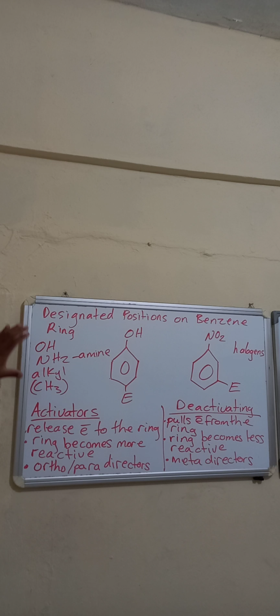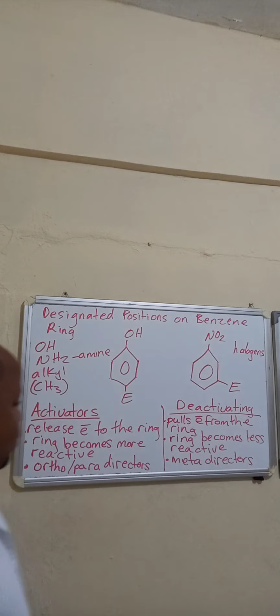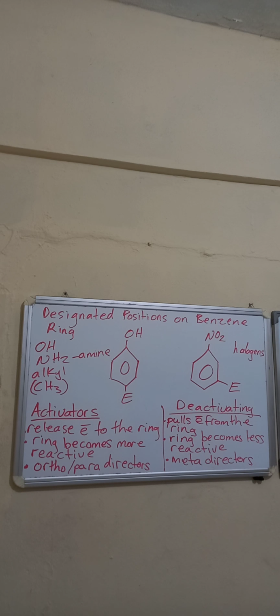And for the activators, it's the OH group, NH2 group, and the alkyl group. And if you want to see more, you can always Google them. But these are the most likely ones that you will come across. The OH group, NH2, and the alkyl group, those are activators. The NO2 group and the halogens, those are your deactivators.